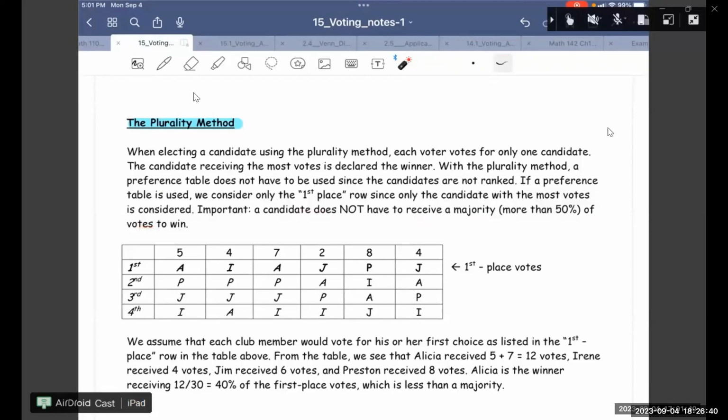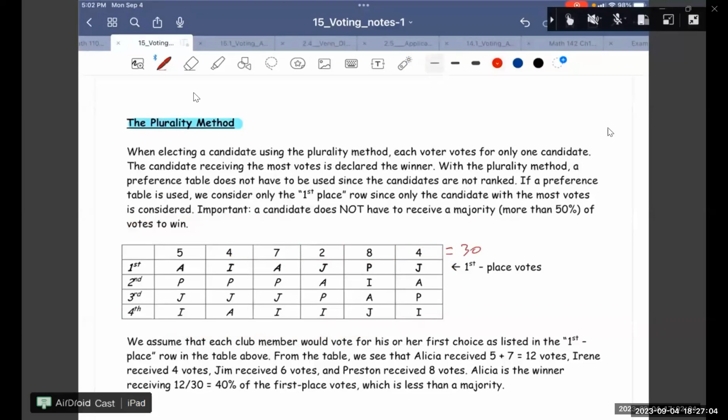So you see these are the tables right here. We can add all this together. If we add all that together, this should be the 30 voters.